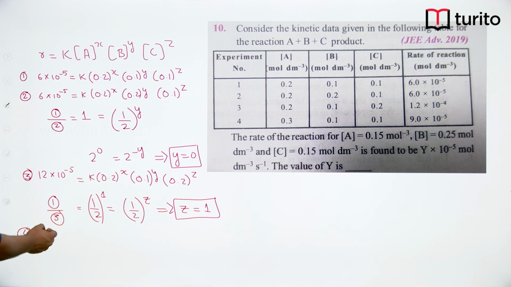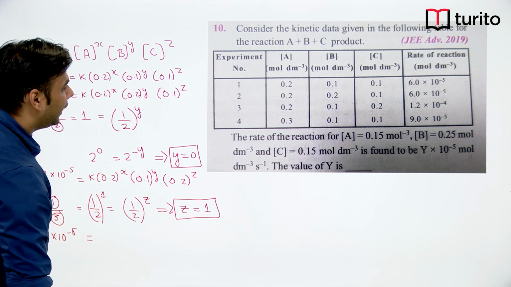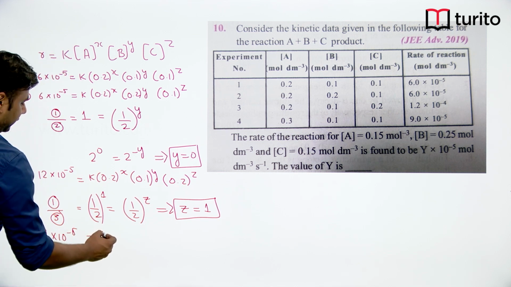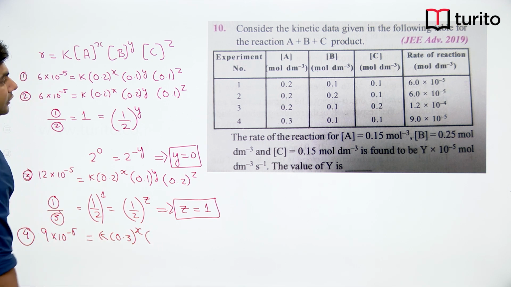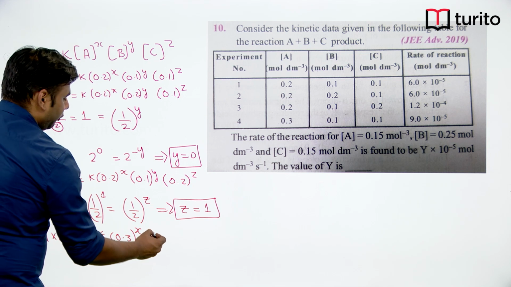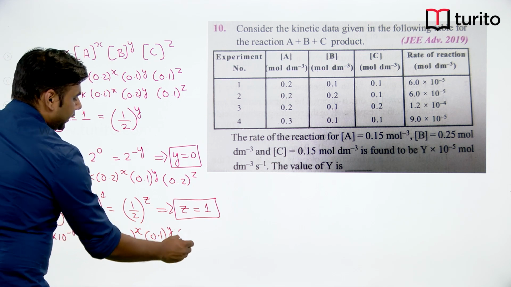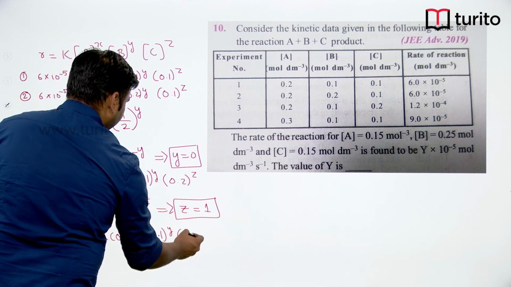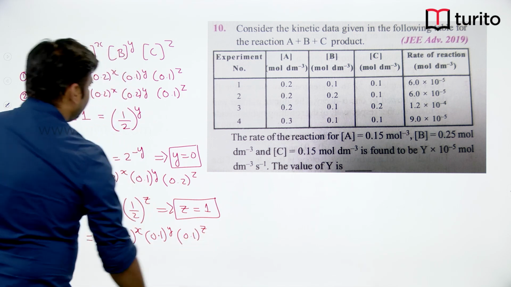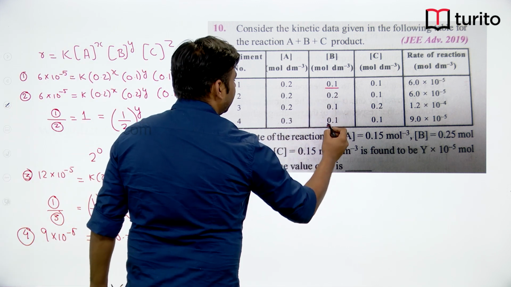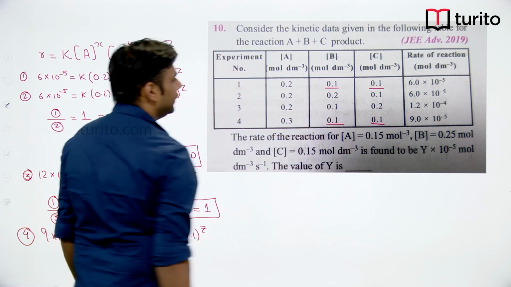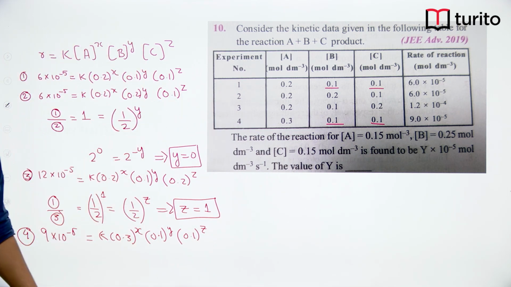So basically the rate is 9 into 10 raised to minus 5, and the concentration of A is given as 0.3, the concentration of B is given as 0.1 and the concentration of C is given as 0.1. If you look at the first data, the concentration of B is the same, the concentration of C is the same, only the concentration of A is changing.